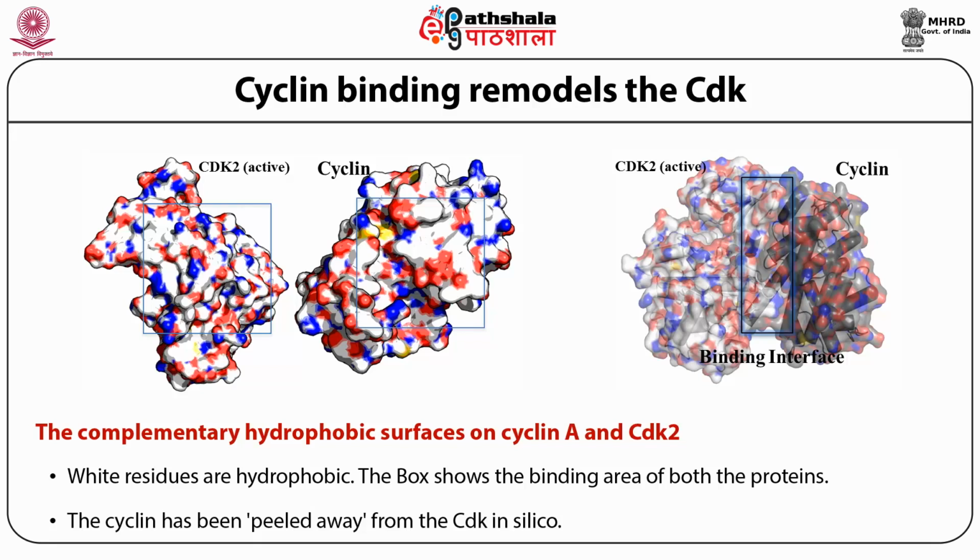These white patches interact with each other and form the complex. You can see the complex on the right side. So basically, the hydrophobic patches on both molecules interact with each other and form this complex.